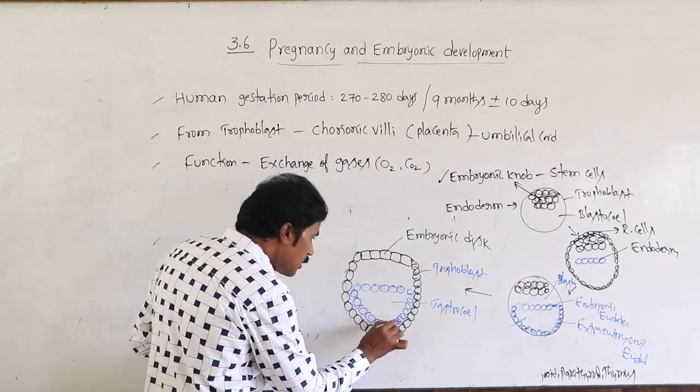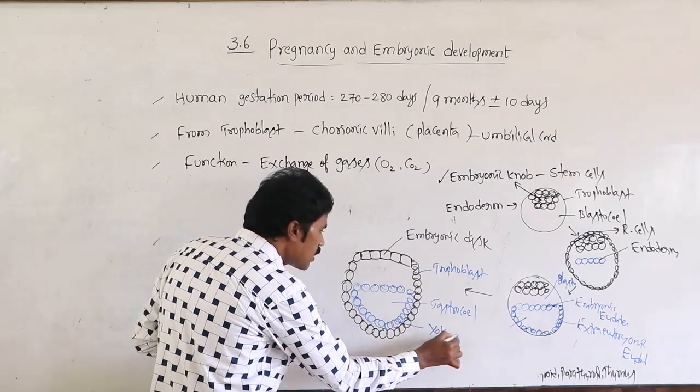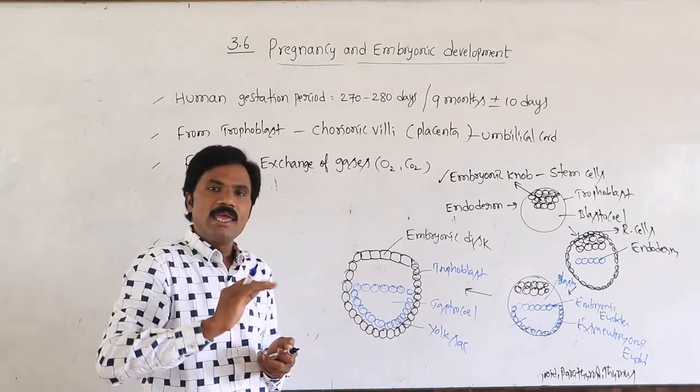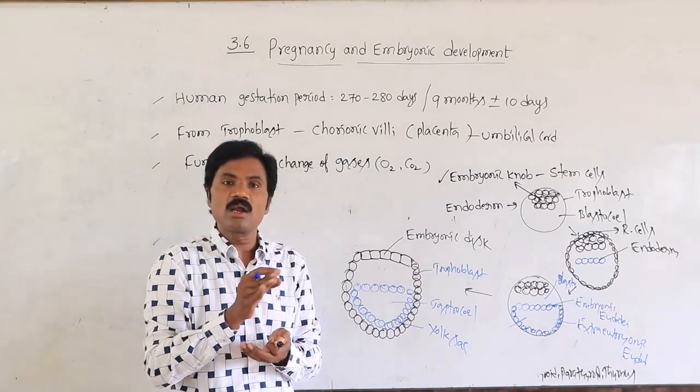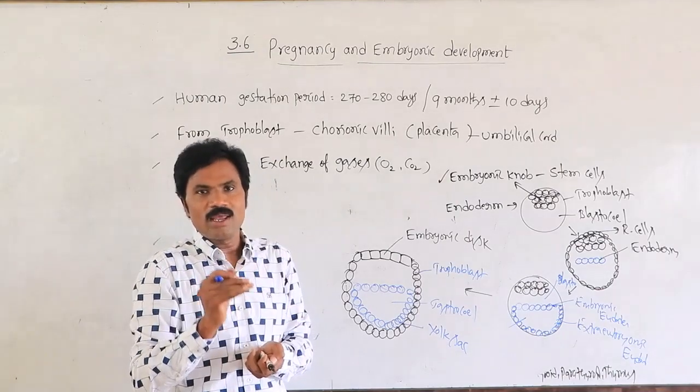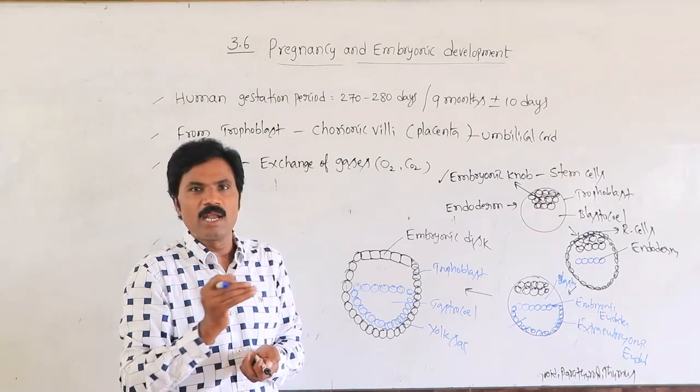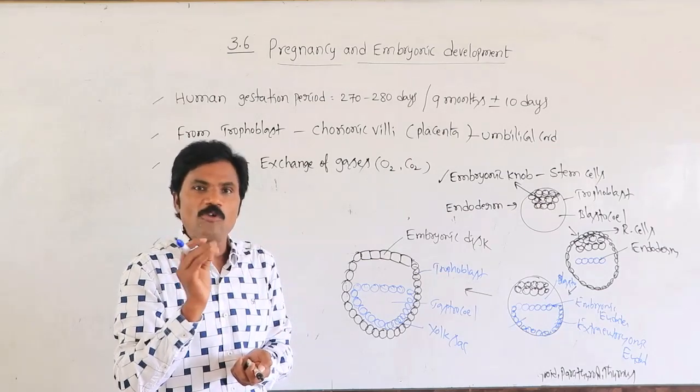Here, below this, it forms the sac, one among the extra-embryonic membranes. Yesterday in class I told you that the extra-embryonic membrane develops from the trophoblast.